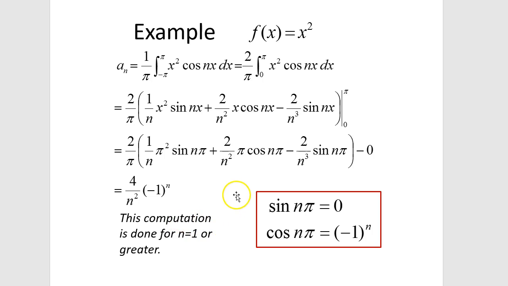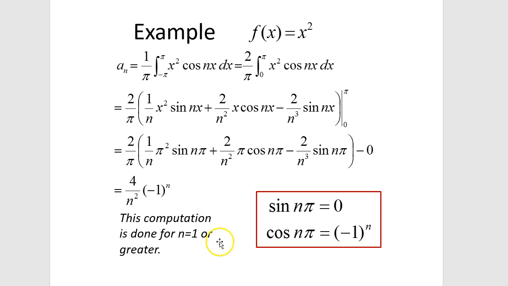One thing that you have to know is that this computation is only valid for n equal to 1 or greater, because we are dividing by n here, right? And that's not good if n is equal to 0. In fact, when n is equal to 0, it's no longer a trigonometric integration. It's just cosine 0, which is 1, and therefore you have just the integral of x squared. So that has to be done separately.